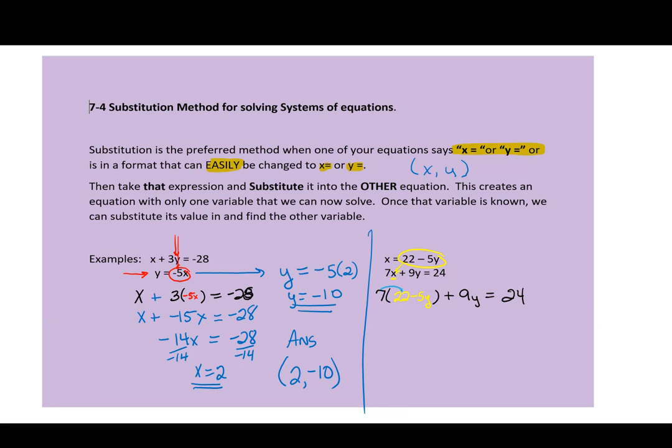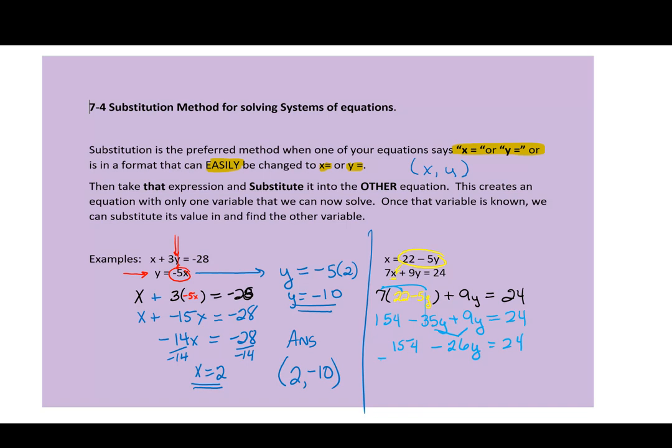So 7 times 22, that's going to be 154, minus 7 times 5 is 35y, plus 9y equals 24. Put those two together, just simplifying. Negative 35y plus 9y would be negative 26y. So 154 minus 26y equals 24.